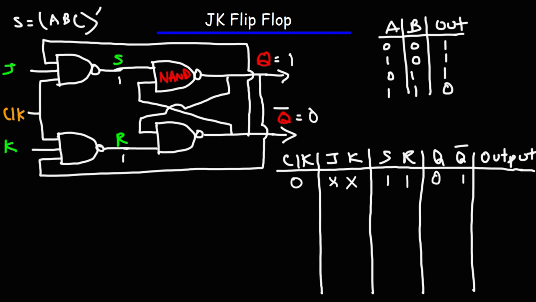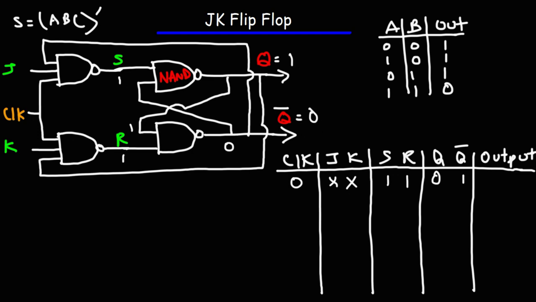When S and R is 1, it's not going to change the values of Q. Whatever the values of Q are, it's going to remain the same when S and R is 1. So here Q is 1, so that means this input is going to be a 1. A 1 and a 1, 1 times 1 is 1. Complement of 1 is 0. So this becomes 0 here. 0 times 1 is 0. Complement of 0 is 1. So Q doesn't change, nor does Q bar change.